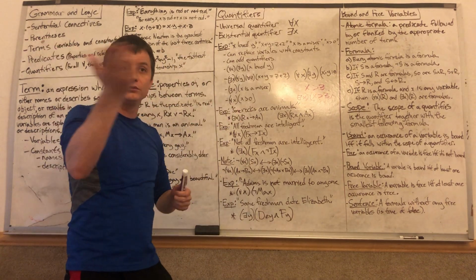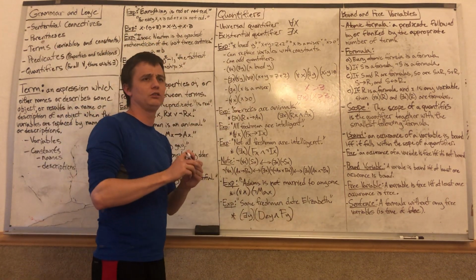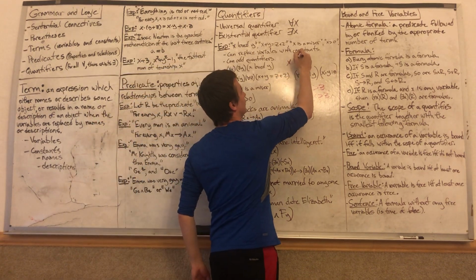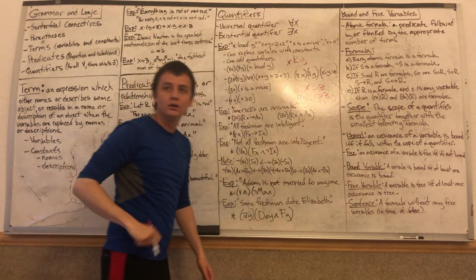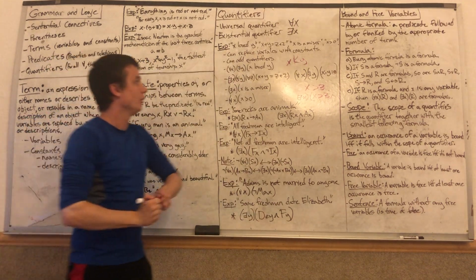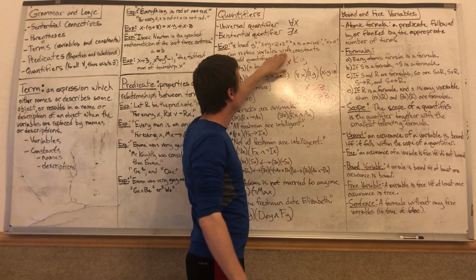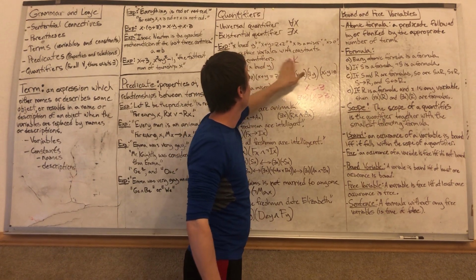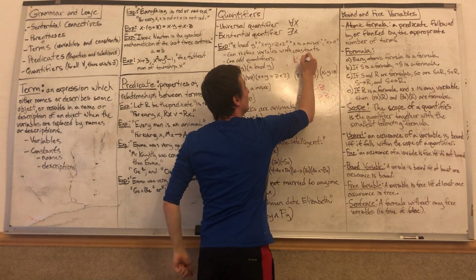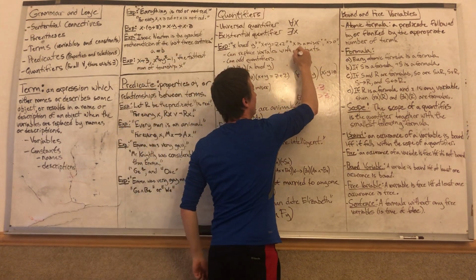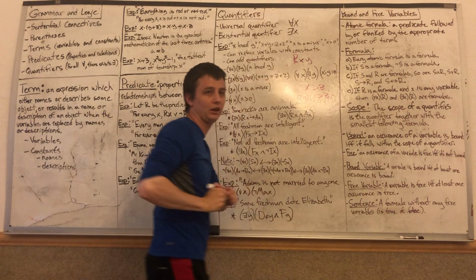I don't know if we use relations in calculus, but in discrete math we use relations all the time, and we would do something like x is related to y for a relation. So I could use a predicate like this, where it's flanked. That's an R, just a random letter for relation.